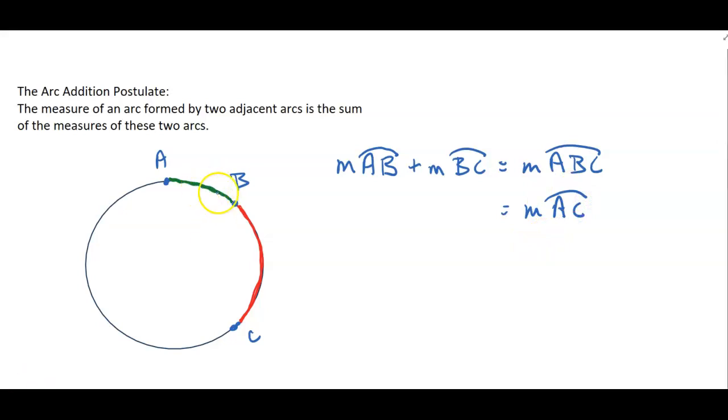The point is I can add two smaller arcs to get a bigger arc, and they're adjacent. They're right next to each other.